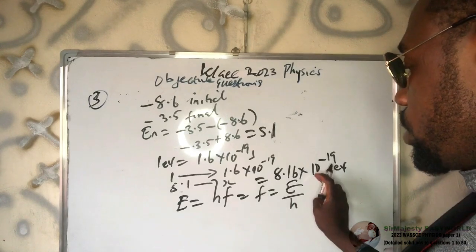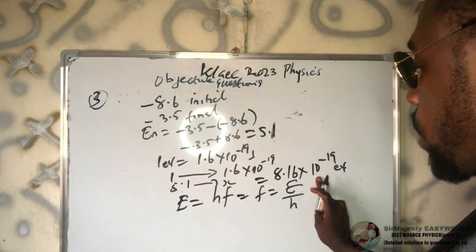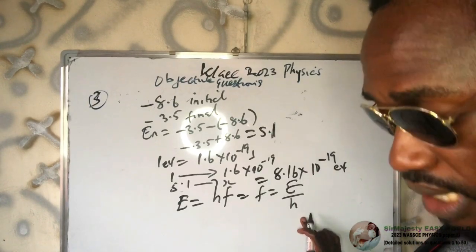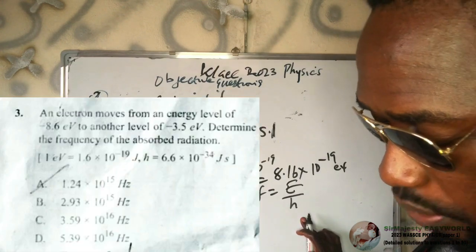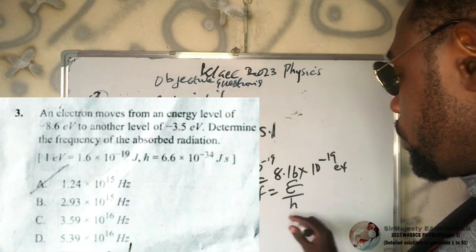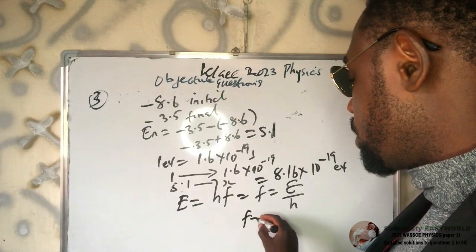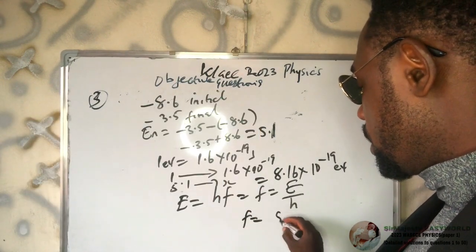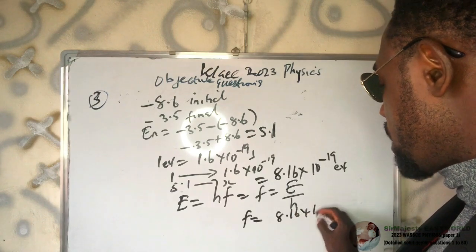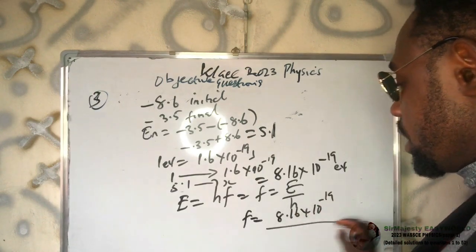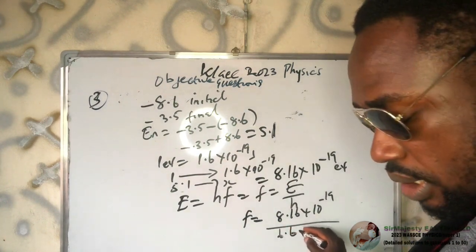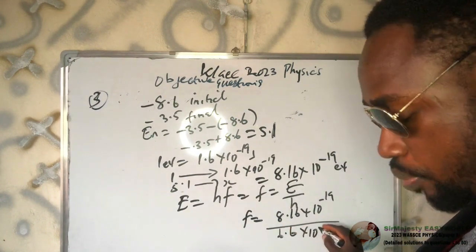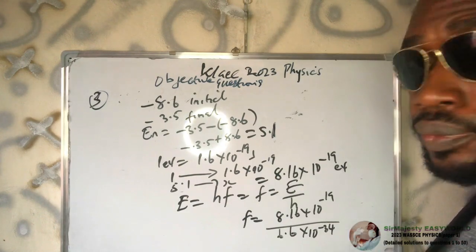Our energy is already 8.16 times 10 raised to the power minus 19, while Planck's constant is a known constant, which is 6.6 times 10 to the power minus 34. So the frequency of the radiation absorbed is 8.16 times 10 raised to the power minus 19 divided by 6.6 times 10 raised to the power minus 34.